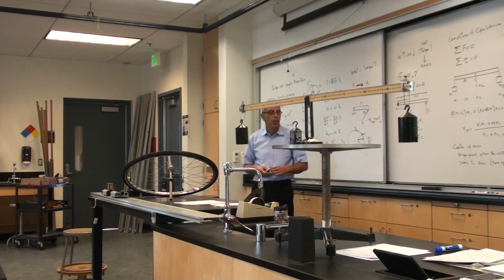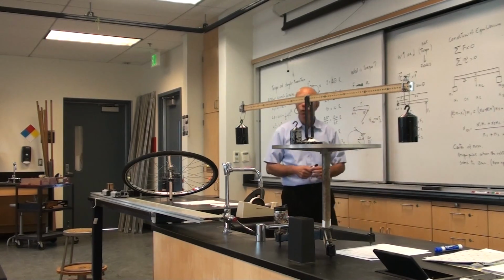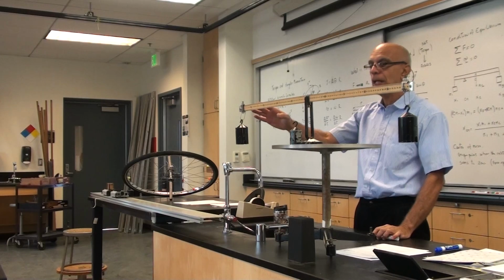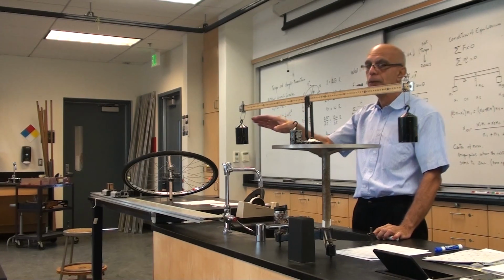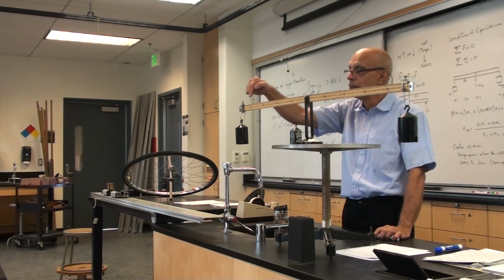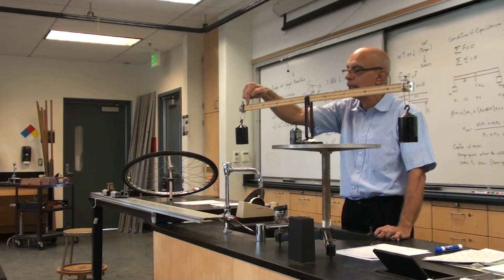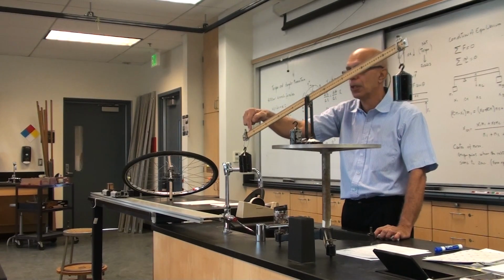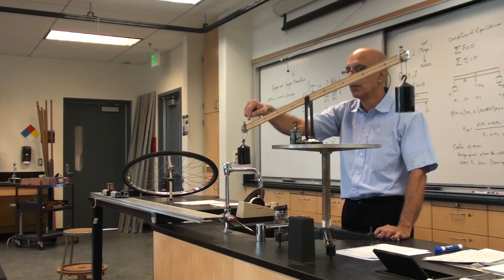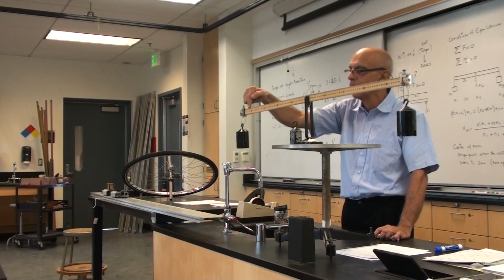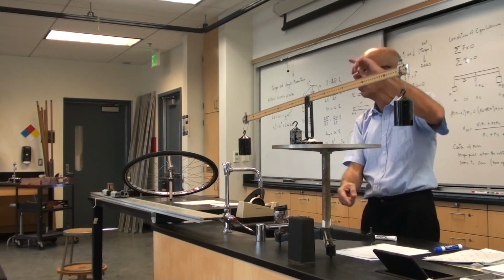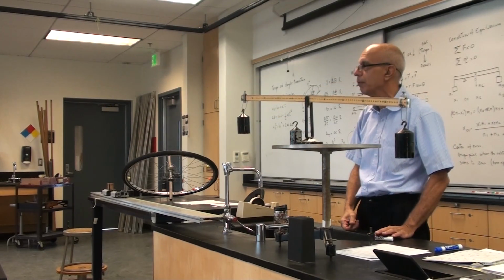Okay, if I have this roller here, let's say this is well balanced and in equilibrium right now. If I apply an extra force here, you see it starts a rotation motion. This thing keeps rotating, and if I keep applying the force, it's going to continue to rotate.